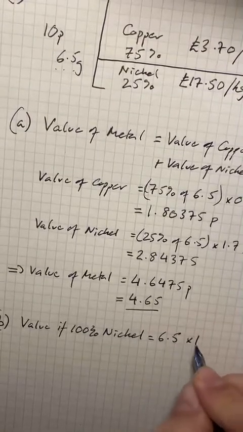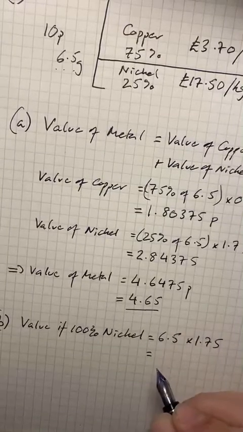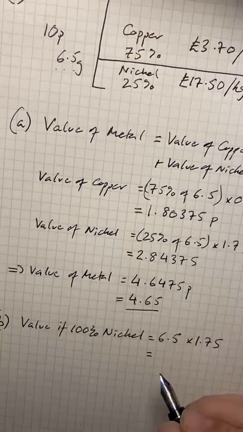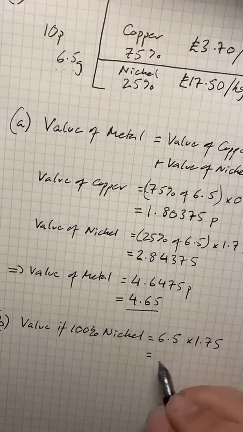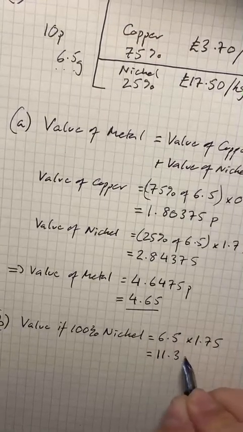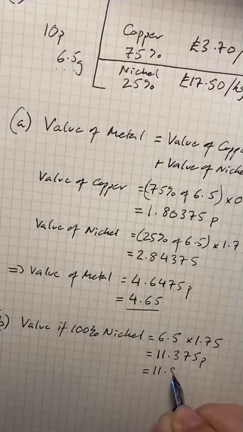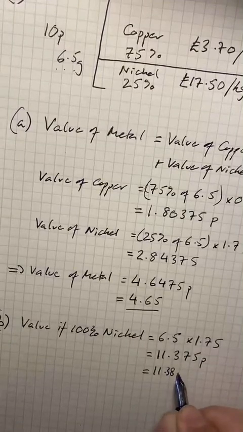The whole thing is nickel, so 6.5, back to the calculator, times 1.75, is 11.375. Ooh, not 8. 11.38 pence.